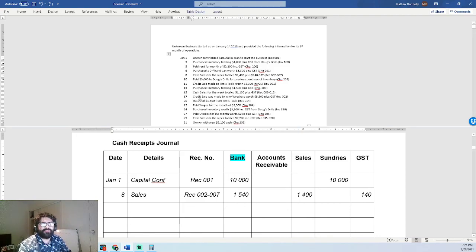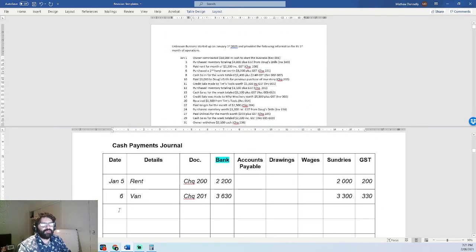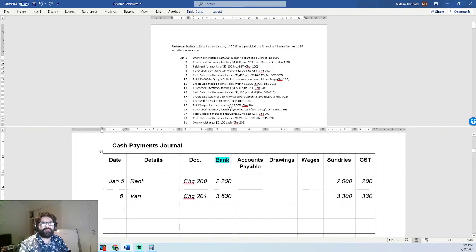On the 10th, we paid $3,000 to Doug's Drills for previous purchase of inventory. Check 202. So let's do that. So we have a look. We see it's a cash receipt. Check 202. We go the 10th. We go Doug's Drills.